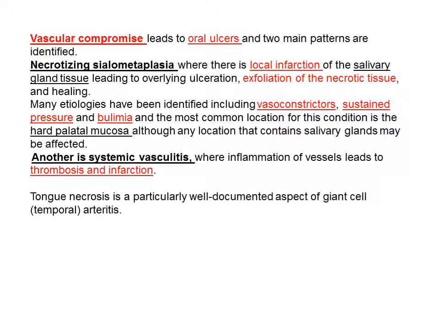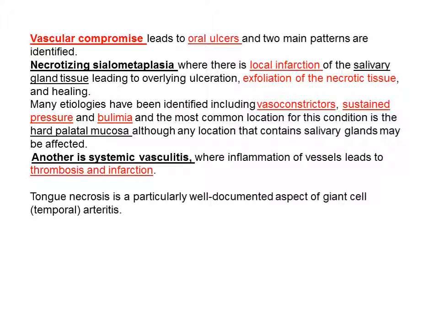Vascular compromise leading to oral ulcer may be seen in two patterns. Necrotizing sialometaplasia, where there is a local infarction of the salivary gland tissue leading to overlying ulceration, exfoliation of the necrotic tissue, and healing.